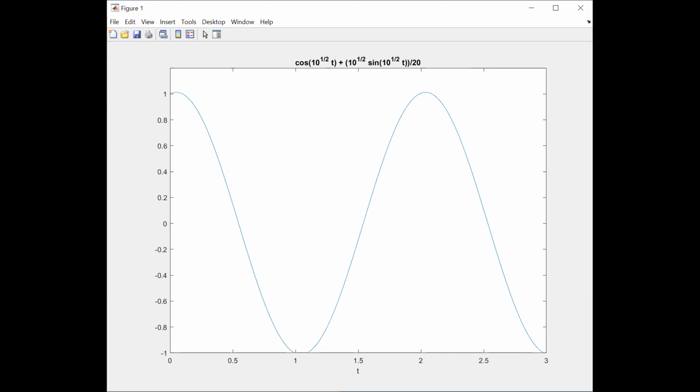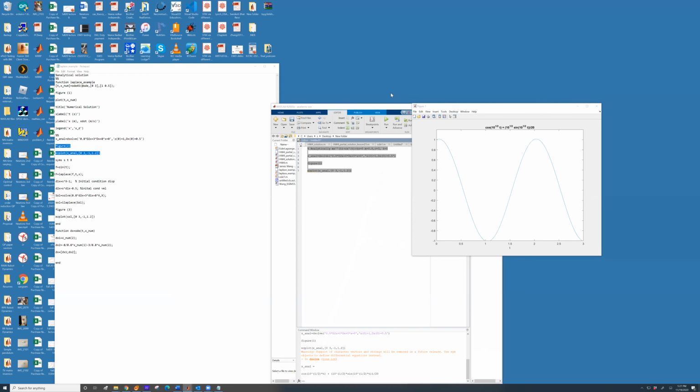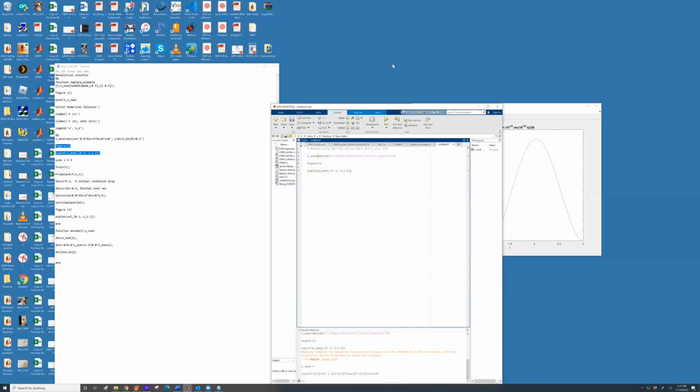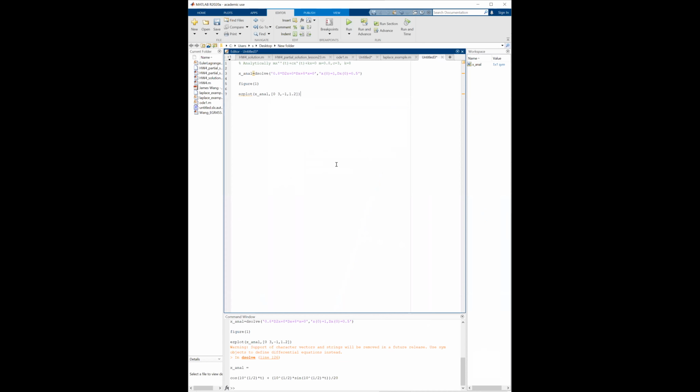Now I want to make one more change here, and I'm going to go back to the MATLAB screen. Check this out. The right hand side of this equation is 0. What that tells me is there is no external forcing on this system. There is no external excitation on this system.